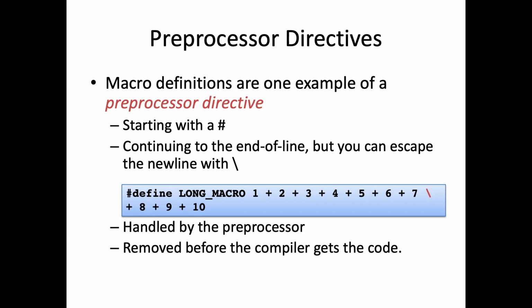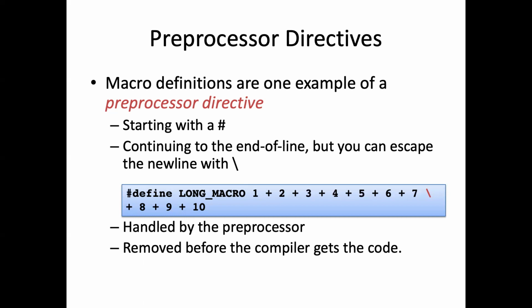You can do that. You can break the definition across multiple lines. You just have to put a backslash at the end of each line to effectively say this macro is continued, or the definition of this macro is continued on the next line. You can think of that backslash as escaping the line termination, saying, well, I'm going to end this line here, but it doesn't really count.